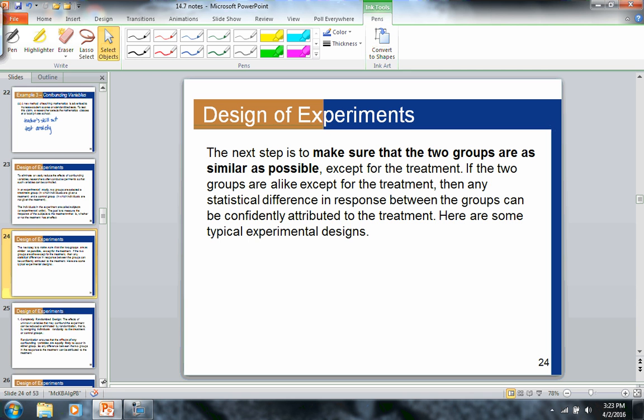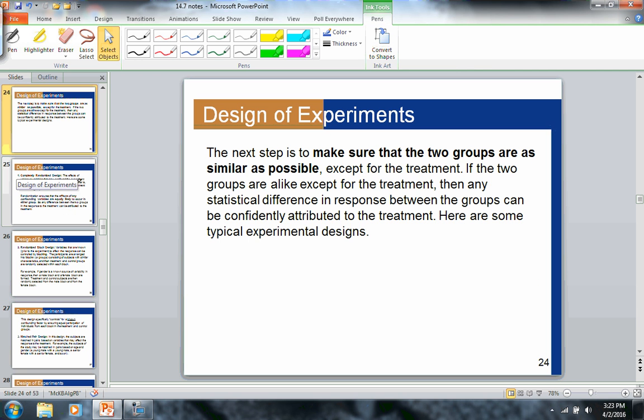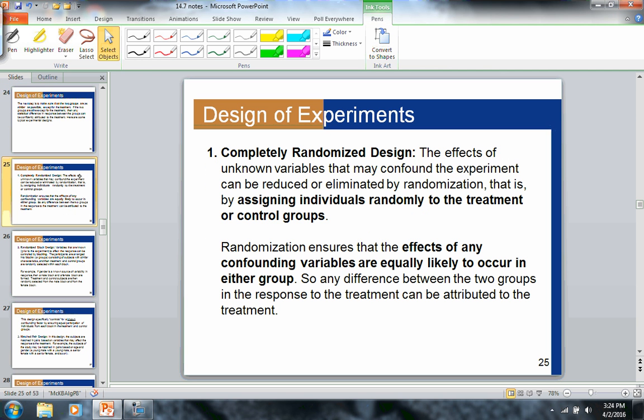So here are some of the different types of designs that will allow us to do that. And there are 3 of them. Here's the first one, completely randomized design. The effects of unknown variables that may confound the experiment can be reduced or eliminated by randomization, that is, by assigning individuals randomly to the treatment or the control groups.